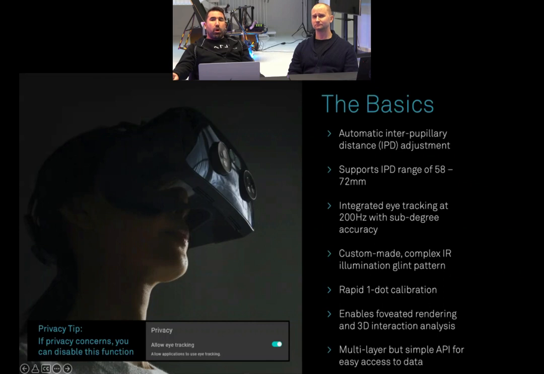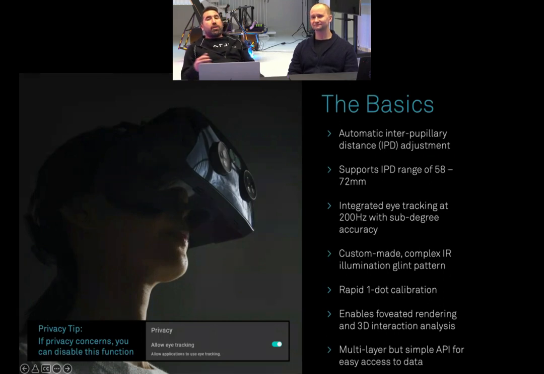And of course, this comes with the reduced computational load for the GPU and the CPU, for the computer graphics and the processor in the computer, because for the high resolution displays in the Varjo headsets, the application needs to render like 20 megapixels at 40 frames per second, which is pretty hard to achieve.